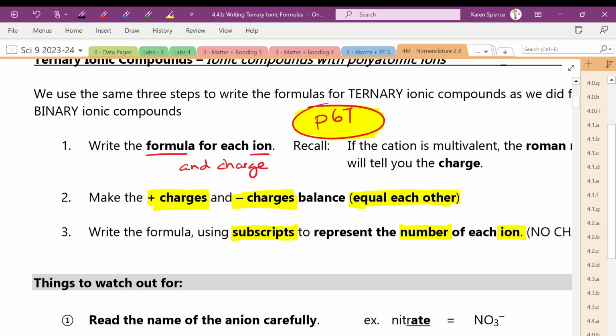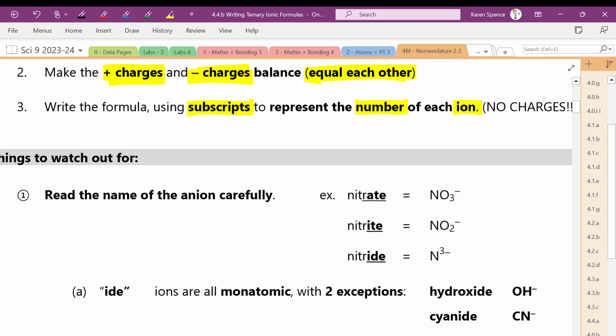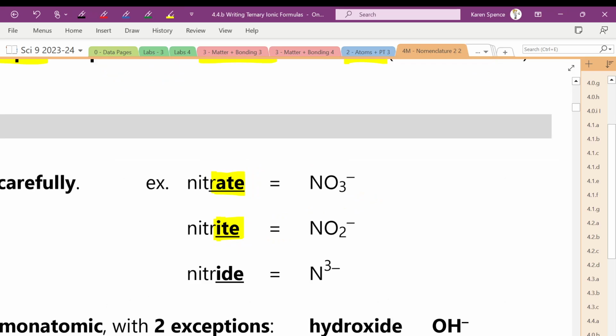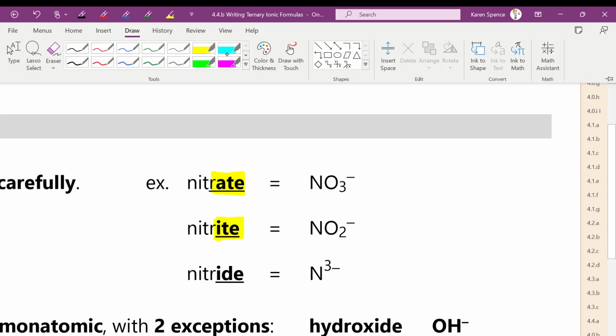One of the tricky things in this section is that there are a lot of ions that sound the same. There is nitrate, there is nitrite, and there is nitride.